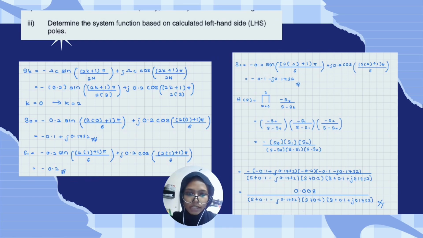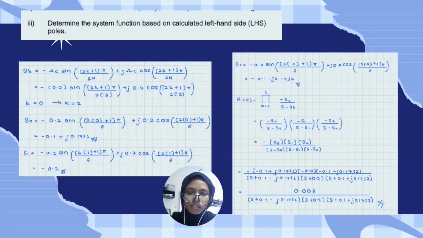The general form is H(s) equals the product from k equals 0 to 2 of negative sk over the quantity s minus sk. Substituting our calculated poles into this expression, we get H(s) equal to 0.008 divided by the product of (s plus 0.1 minus j 0.1732) times (s plus 0.2) times (s plus 0.1 plus j 0.1732).